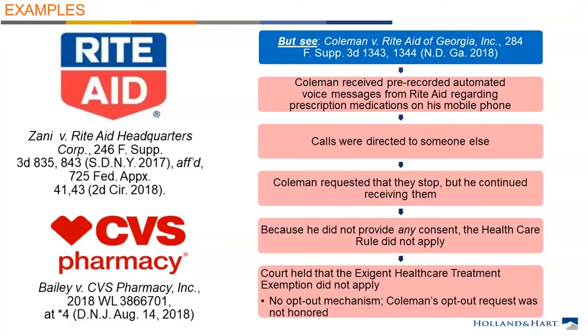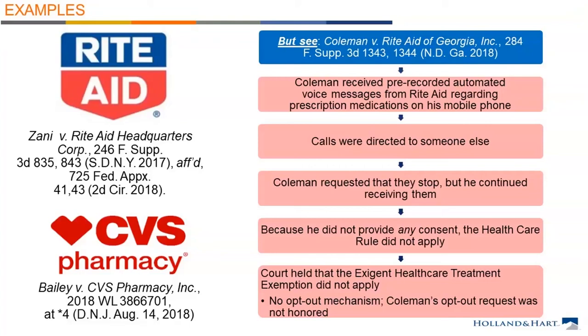Zani later obtained a flu shot at the same pharmacy later that year, and then he received another phone call a year later with a pre-recorded message, again talking about the availability of flu shots for the upcoming flu season.